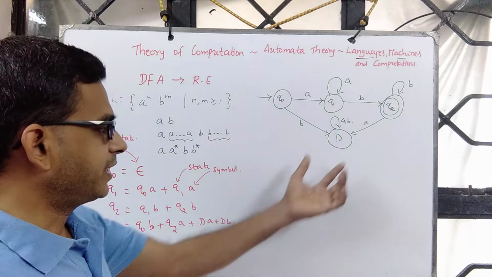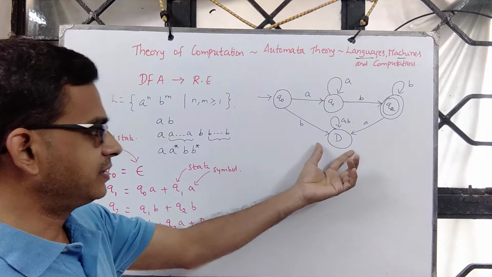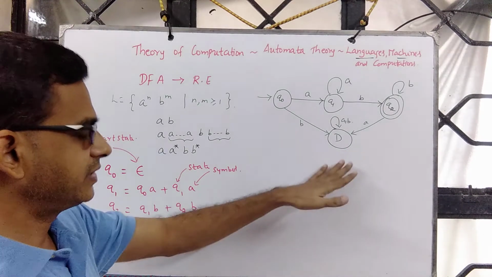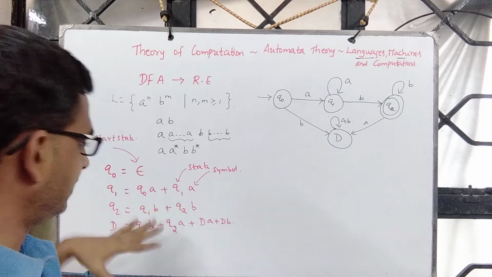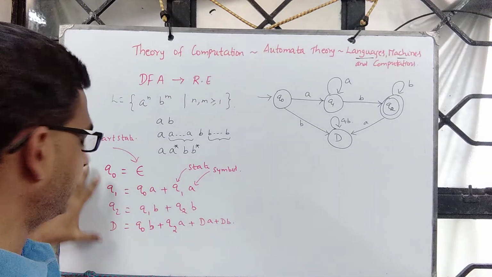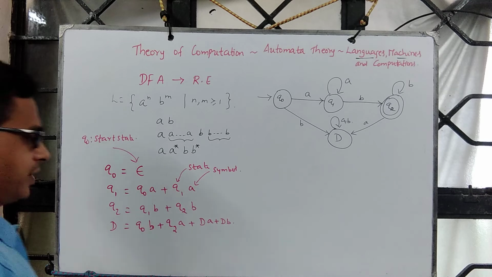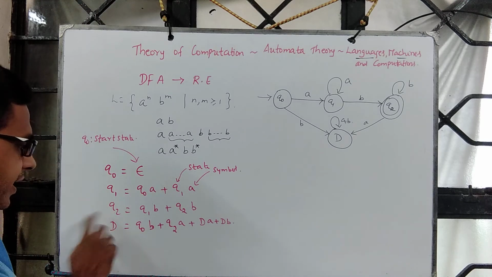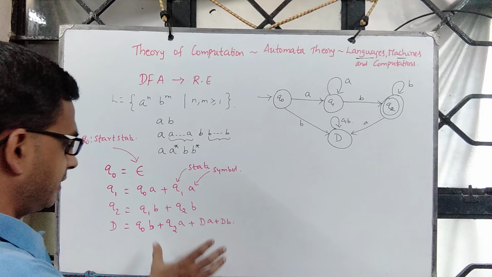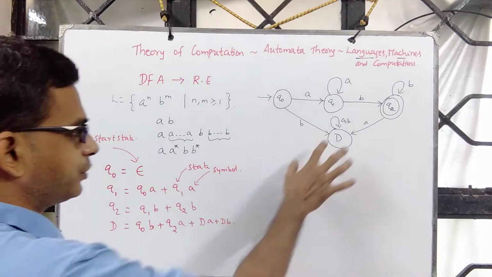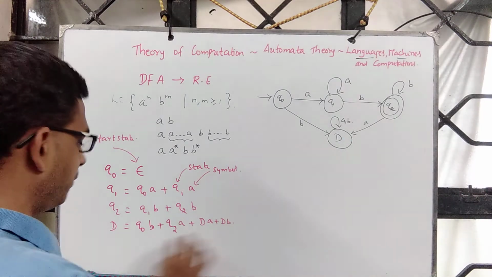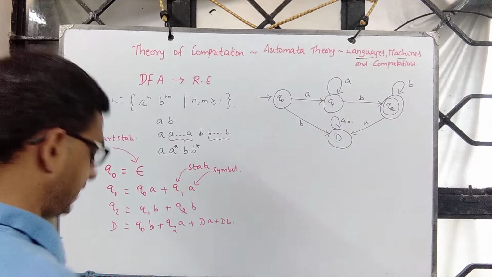Although the regular expression accepted at this state may not be of use because it's a dead state, just for consistency purposes, I am writing all of them. Okay, so one can simply use these three and solve. This is not required, but just to give you clarity on how equations are written, I am writing it for this state. Okay.